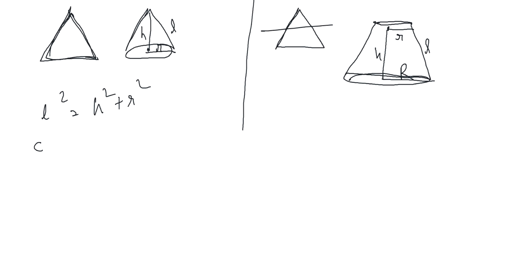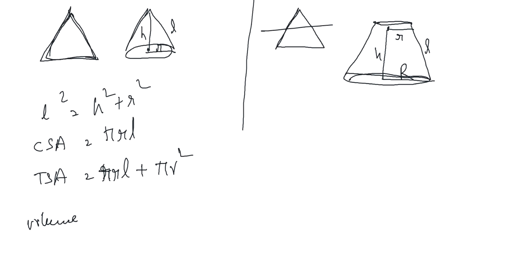Curved surface area is given by pi r L. Total surface area is given by pi r L plus pi r square, and volume is given by 1/3 pi r square h.